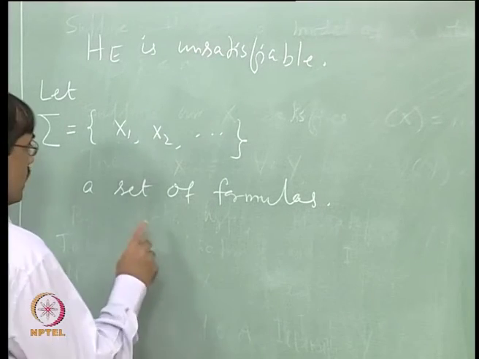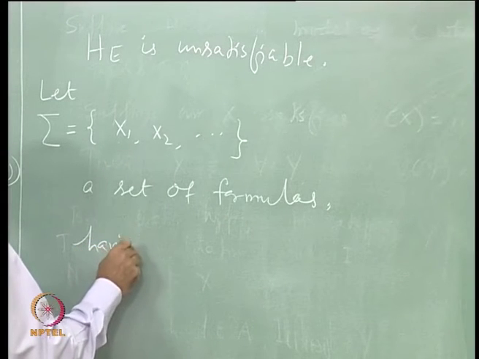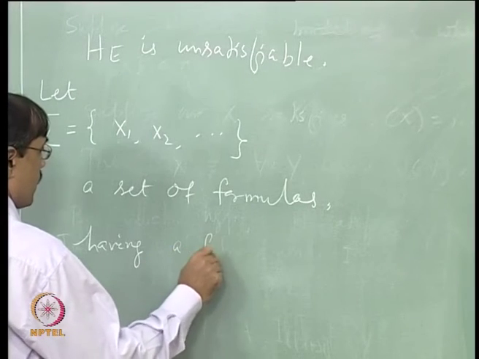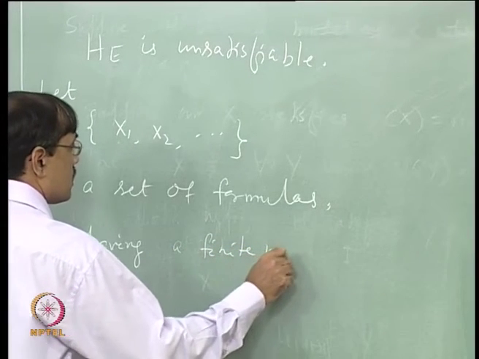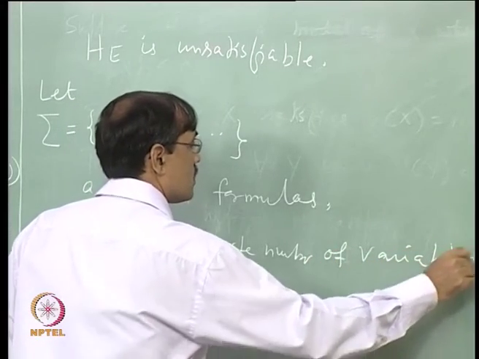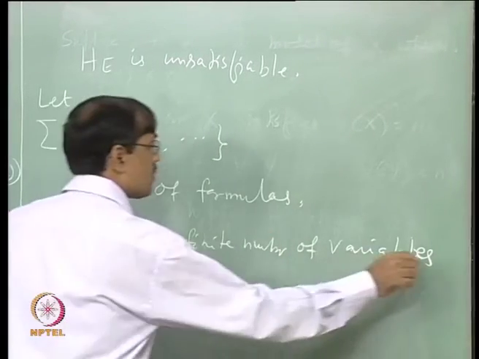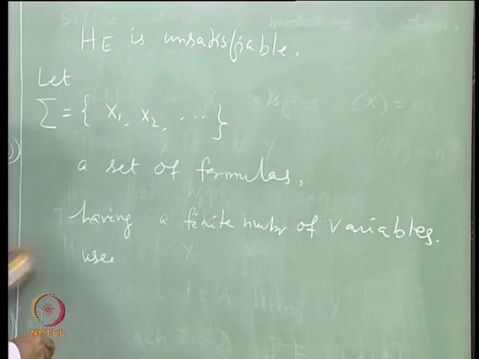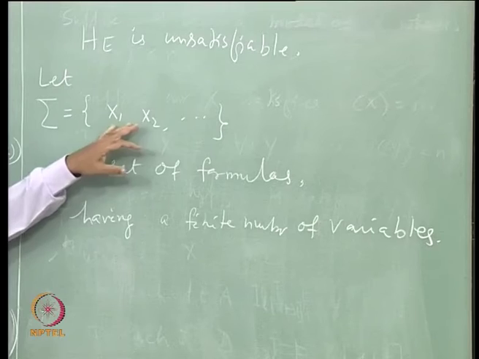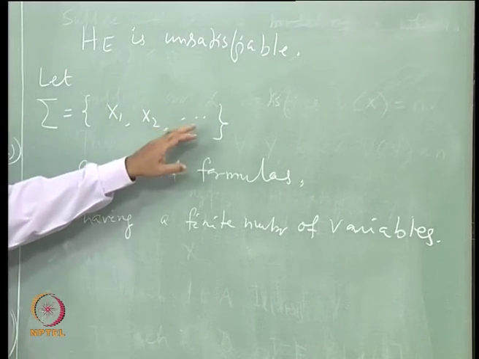Of course, we need one restriction here: formulas having a finite number of variables. Suppose x1 uses some variables, x2 uses some other variables, quantified or non-quantified, whatever it is, and x3 uses some variables.